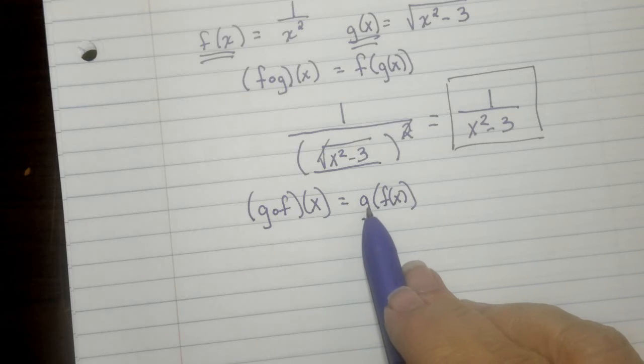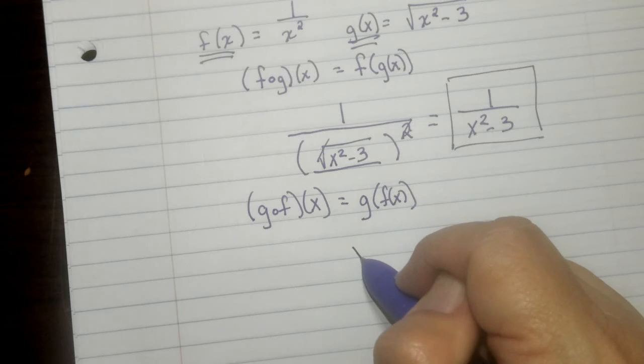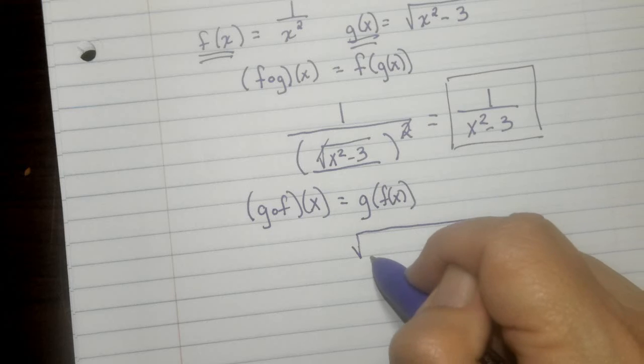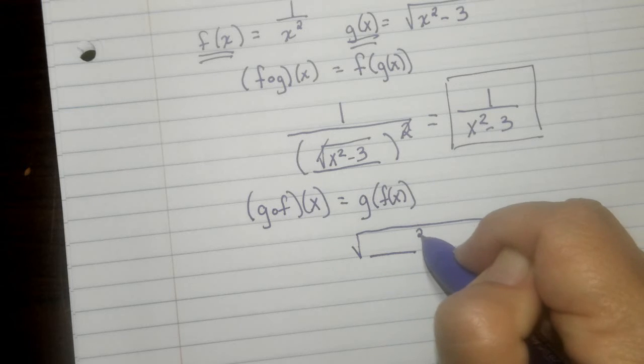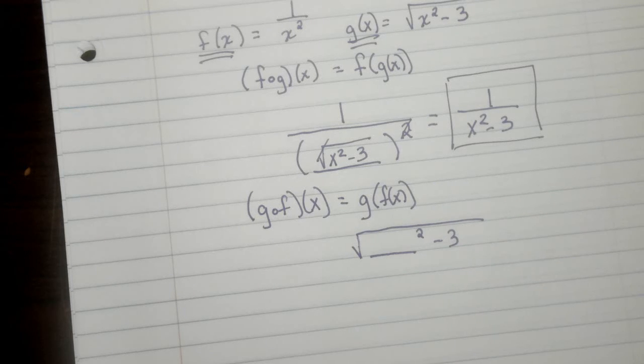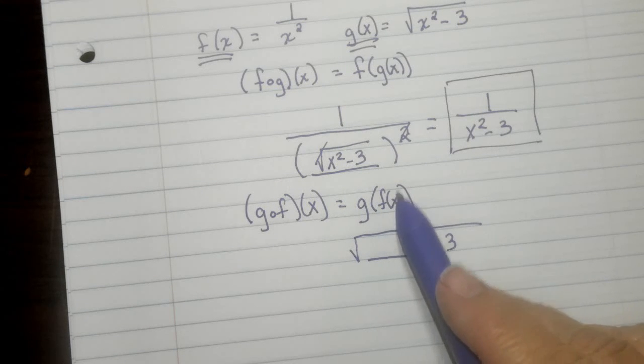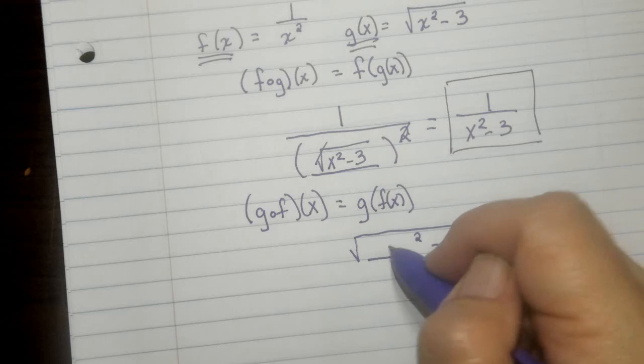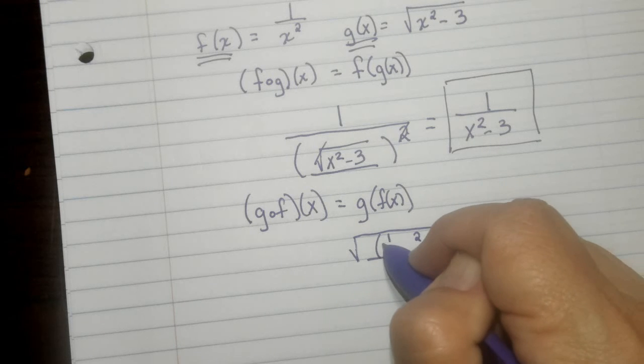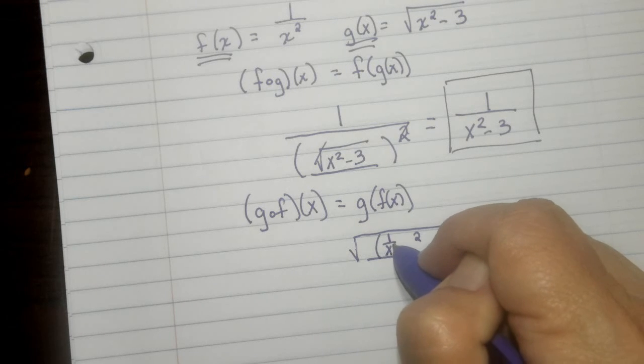I remember g is my main frame, so it's the square root of an input squared minus 3. And what I'm putting in is f of x. So f of x is 1 over x squared.